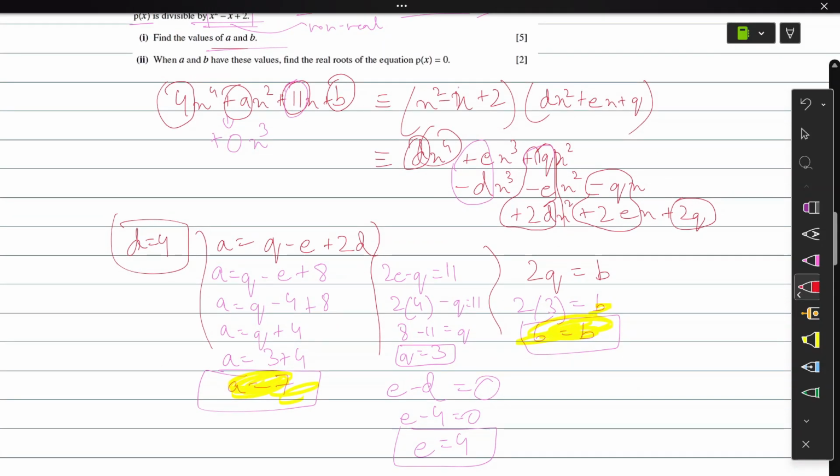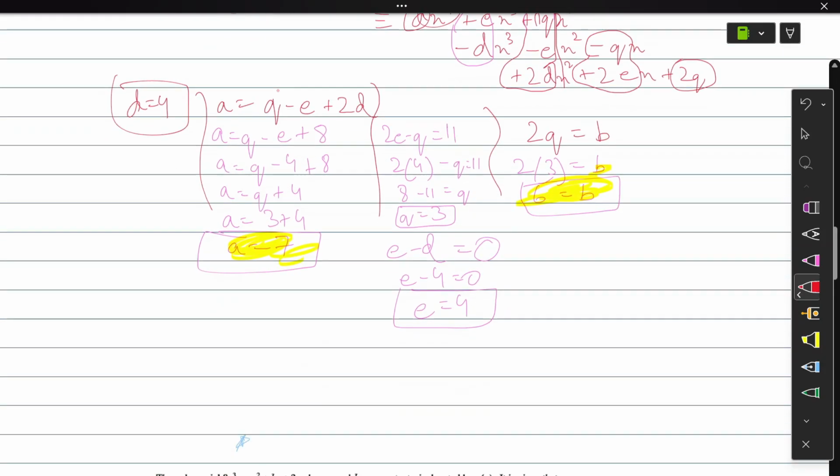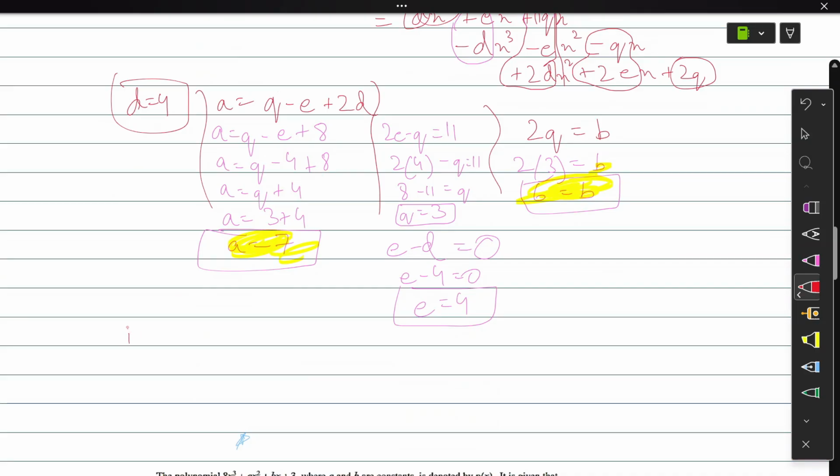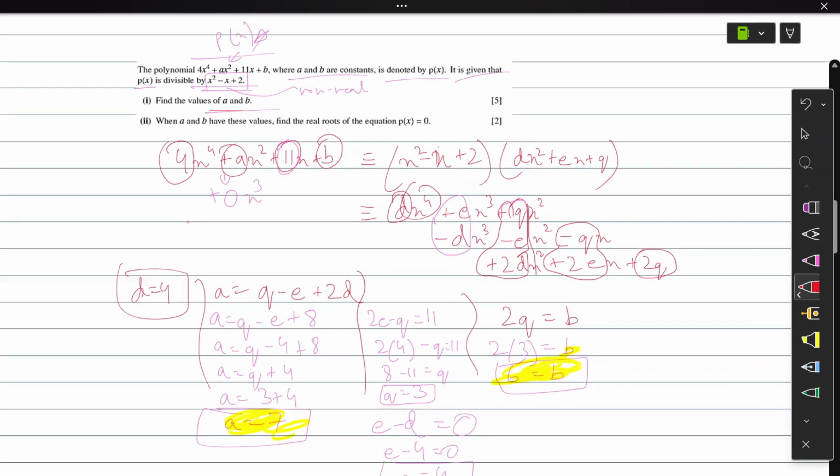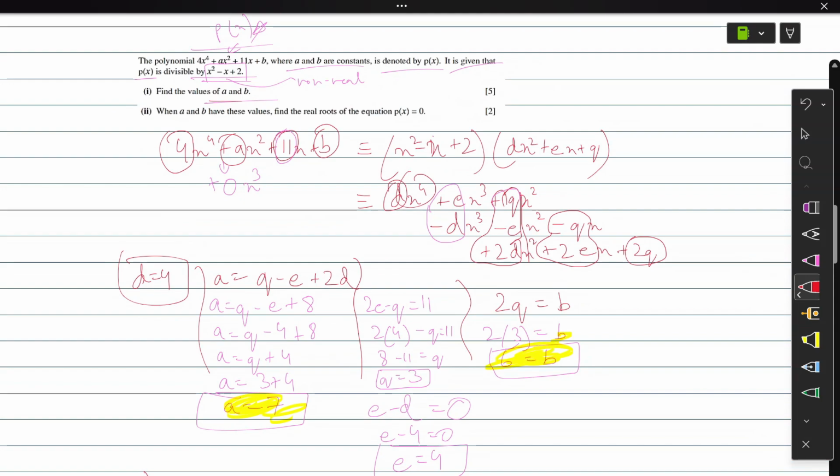Part 2 is what? With these values, find the real roots of the equation p of x equal to 0. So part 2 states the same thing. For these values of a and b, first write down your equation: 4x to the power 4 plus 7x squared plus 11x plus b, that is 6.